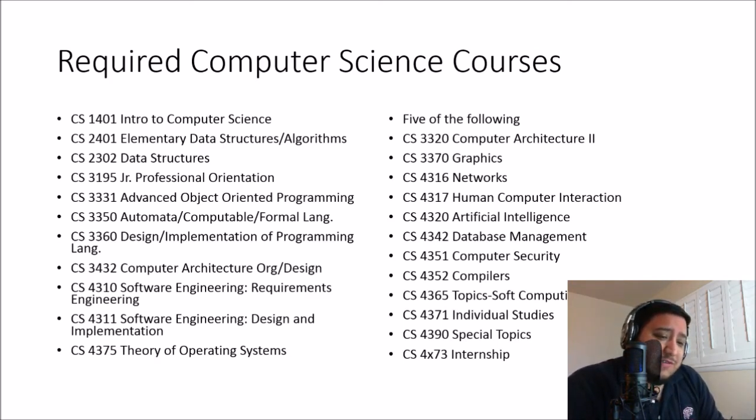Database management, if you're going into industry or government and you want to be a computer scientist, that's a useful skill to have, especially because lots of industries run on databases. Computer security, lots of fun if you want to learn how to break into computers. Purely to know how to defend against it, of course.